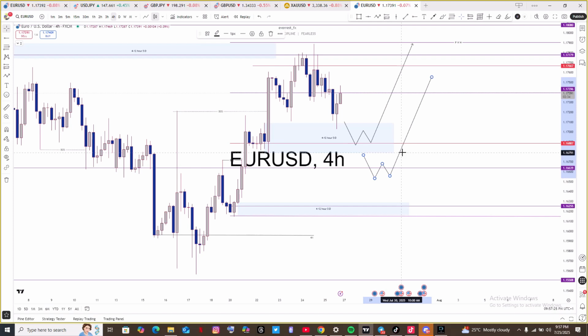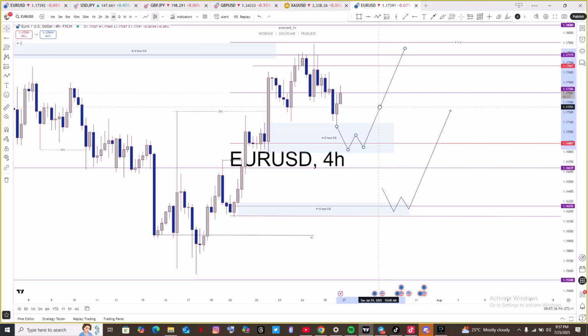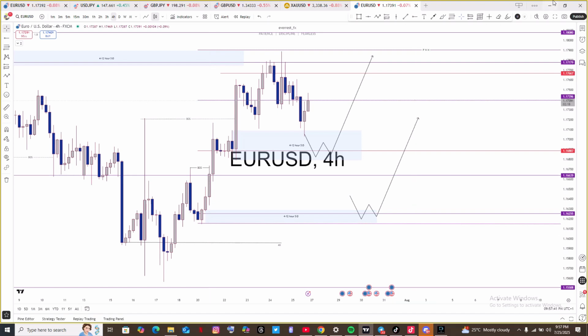So this zone is also valid, and this zone down here. So this is for Euro USD.